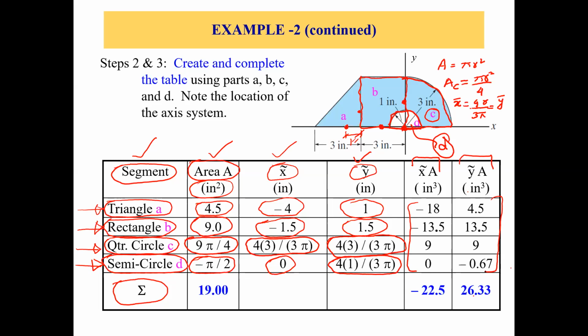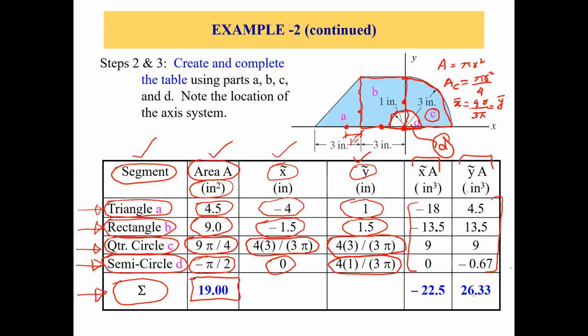Okay, so after doing that, let's talk about this next row, which is the summation of area and the summation of the last 2 columns. Just sum up all the areas of the different parts to get the area of the whole composite body, which will be 19 inch square.